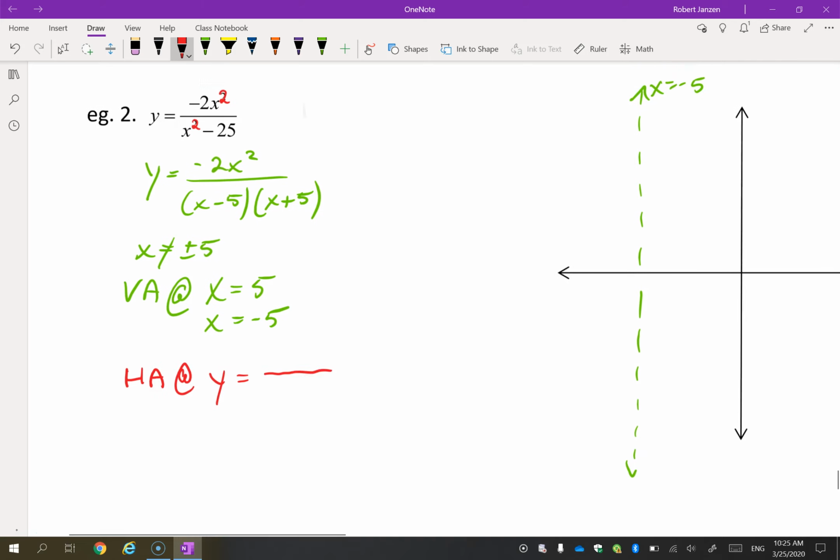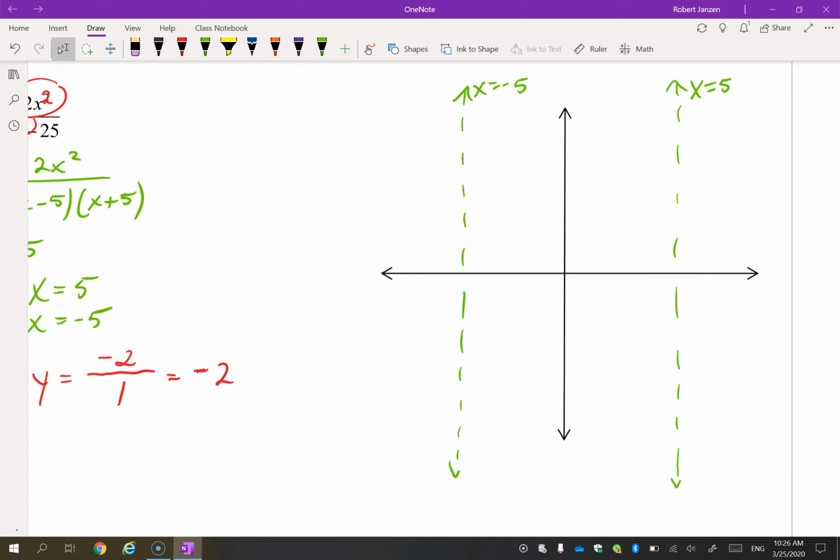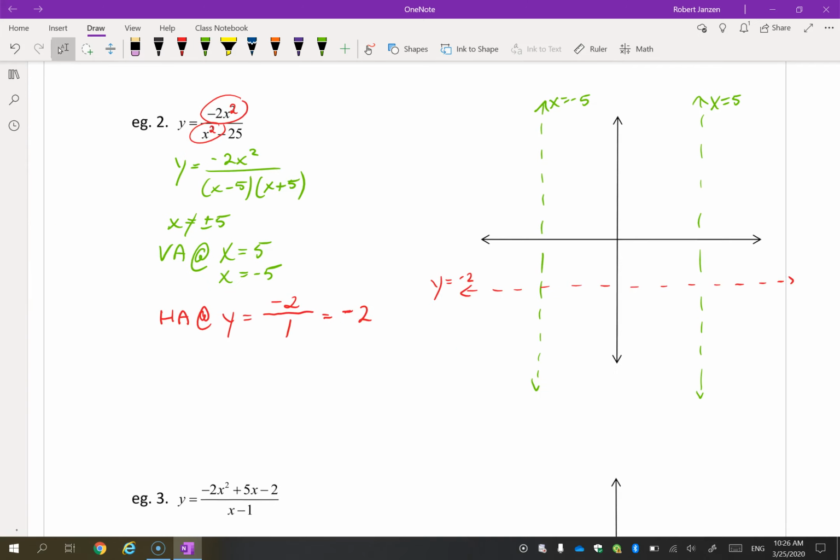What is the coefficient of this term? It's negative 2. What is the coefficient of this term? 1. So we have a horizontal asymptote at y equals negative 2. All right, well that doesn't really help us with the way the graph looks. Let's do some other stuff now.